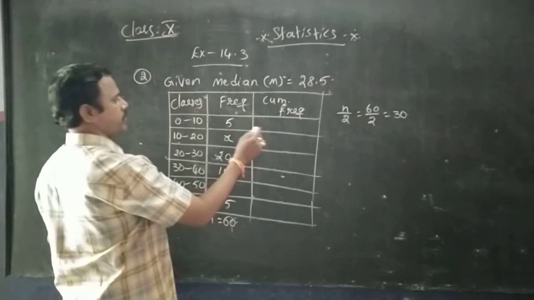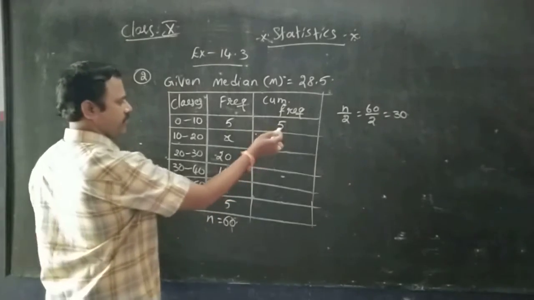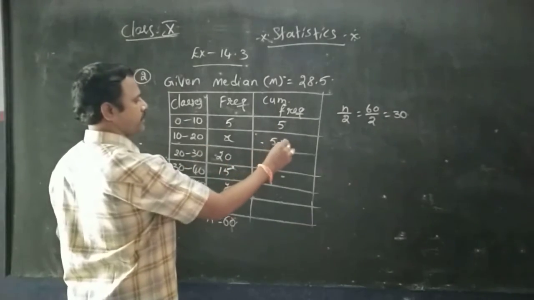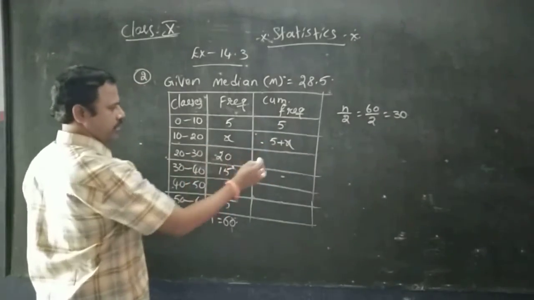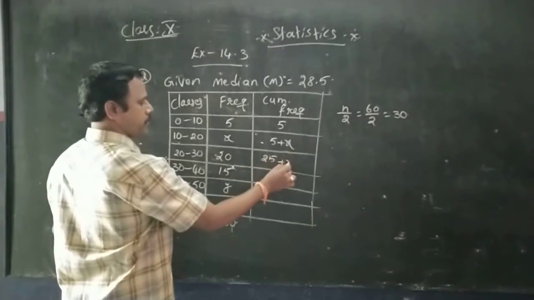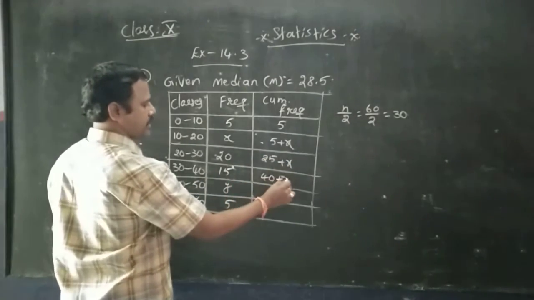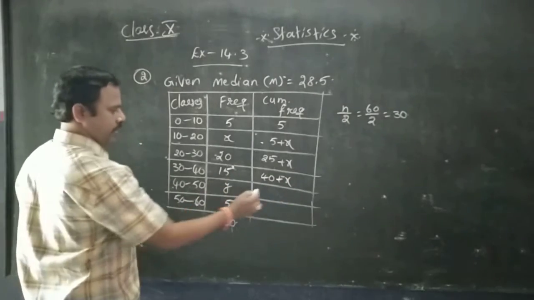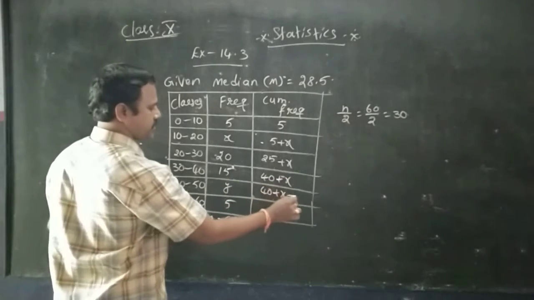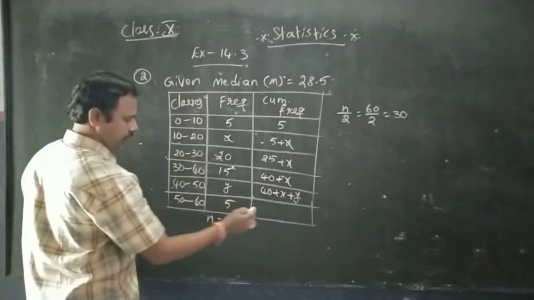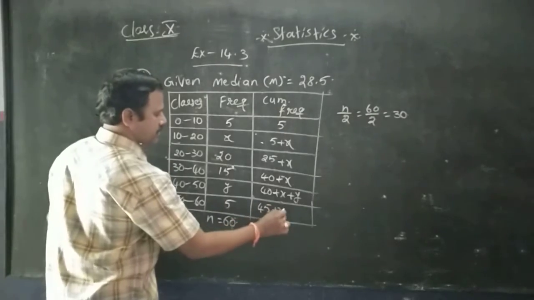So we find the cumulative frequency: 5; 5 added to x becomes 5 plus x; 5 added to 20 becomes 25 plus x; 25 added to 15 gives 40 plus x; 40 plus x added to y gives 40 plus x plus y; and then added to 5 gives 45 plus x plus y.